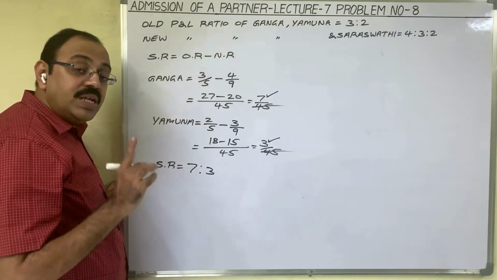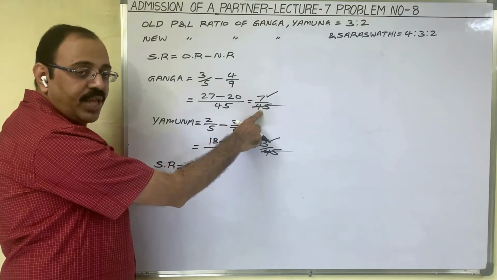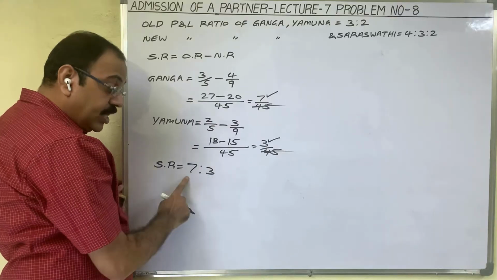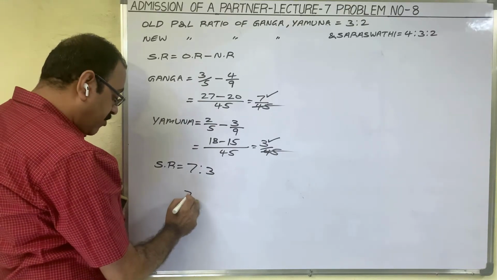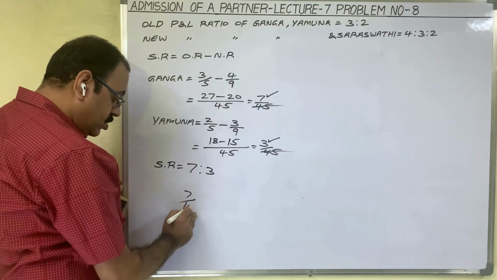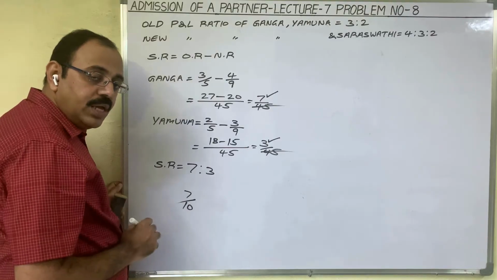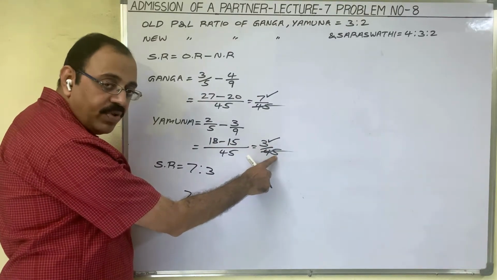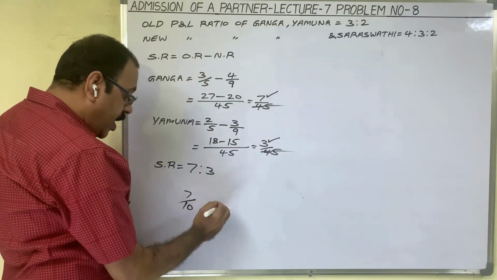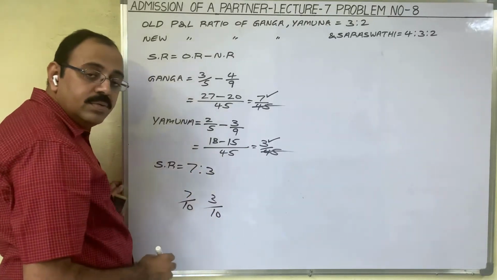And the sacrificing share of Ganga is not 7 by 45. Consider this ratio. 7 by, add these two numbers, 10. Similarly, the sacrificing share of Yamuna is not 3 by 45 now. 3 by, add these two numbers, 10.